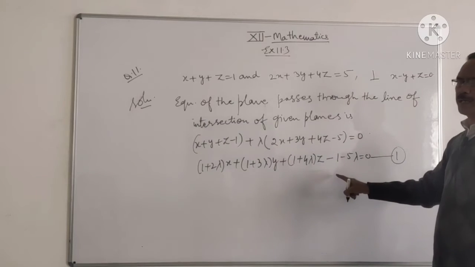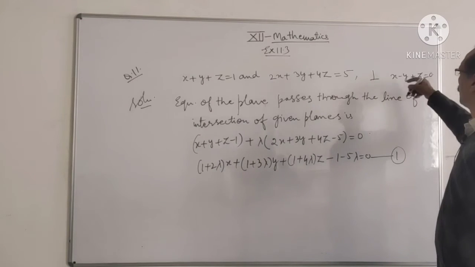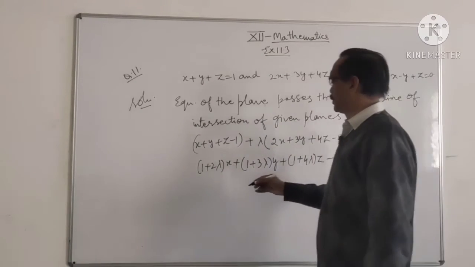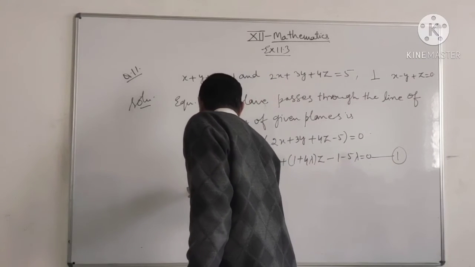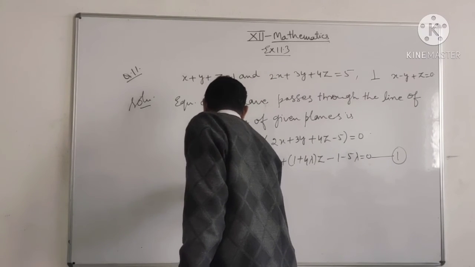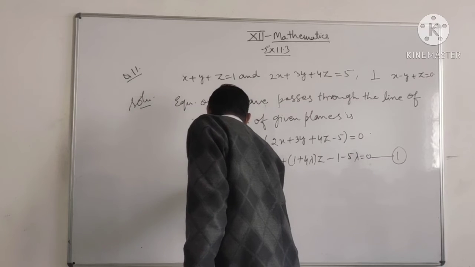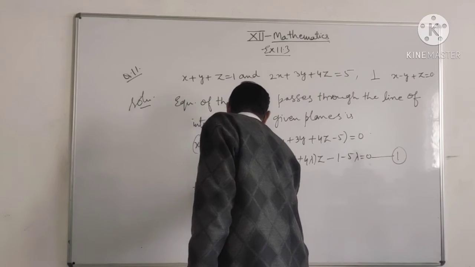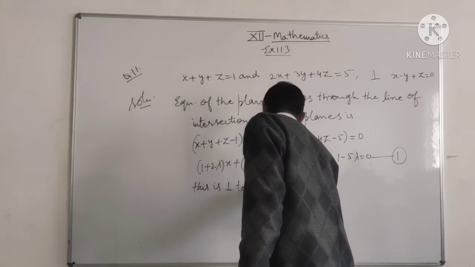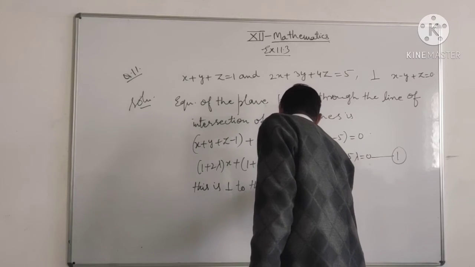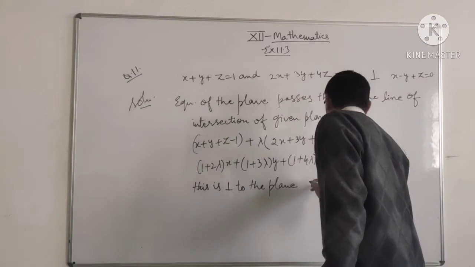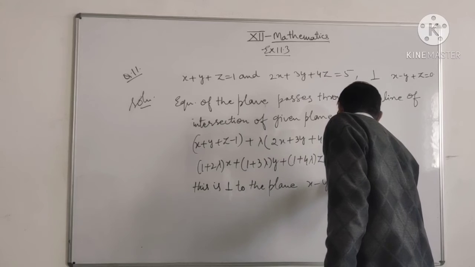Now, this plane 1 is perpendicular to third plane. So, this plane is perpendicular to the plane x minus y plus z equal to 0.